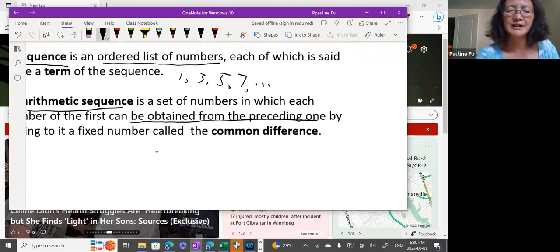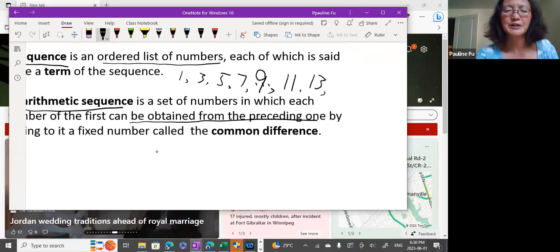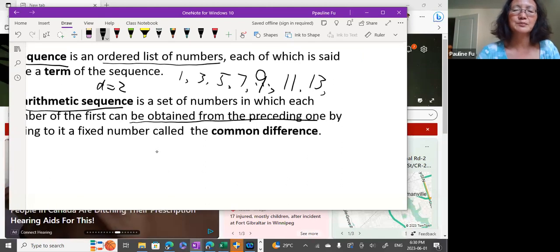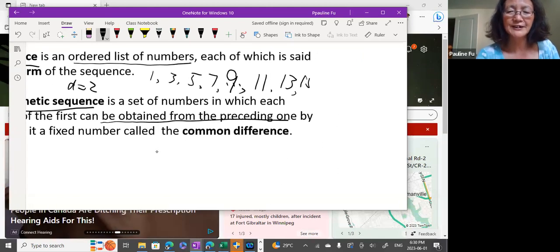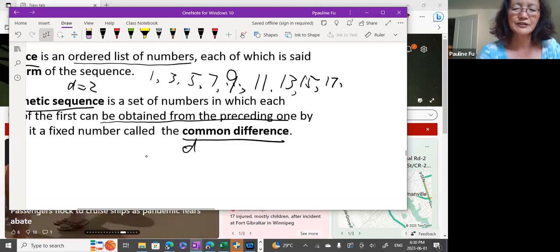So for example, the next number, you can guess it is 9. Next one, 11, 13, because you know the difference is 2. Each time you add 2 to the previous number, you get the next number. And this d is called the common difference.